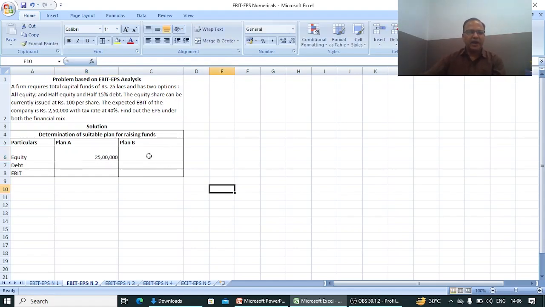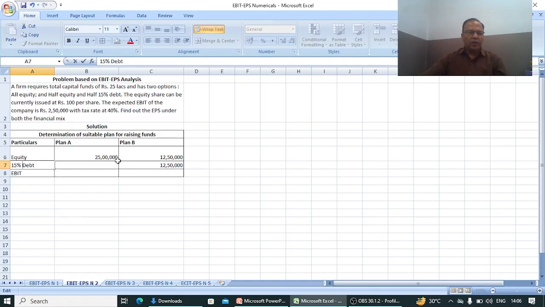Plan second, half equity, it means 12 lakh 50,000 by equity and 12 lakh 50,000 by 15% debt. So this is a financial plan.